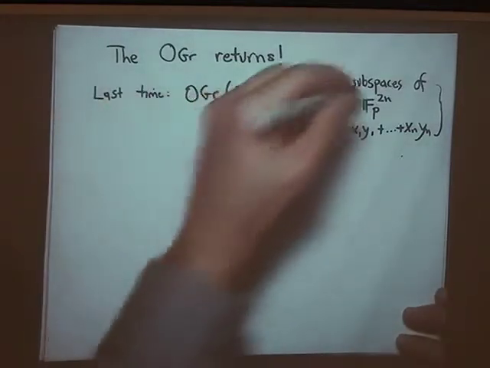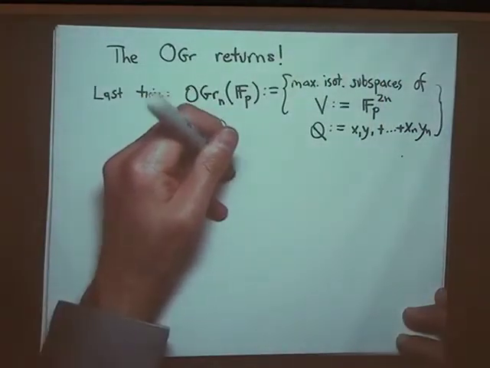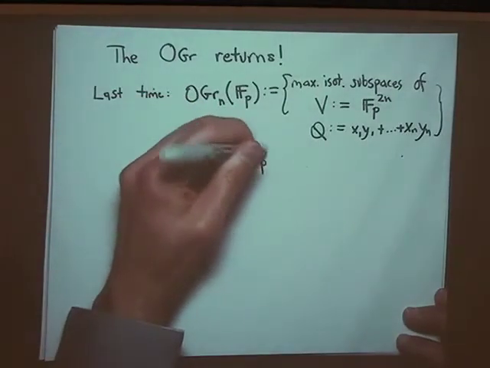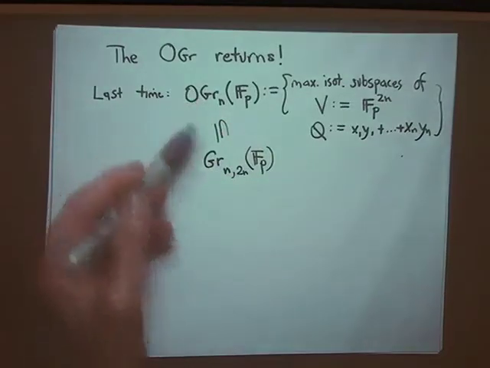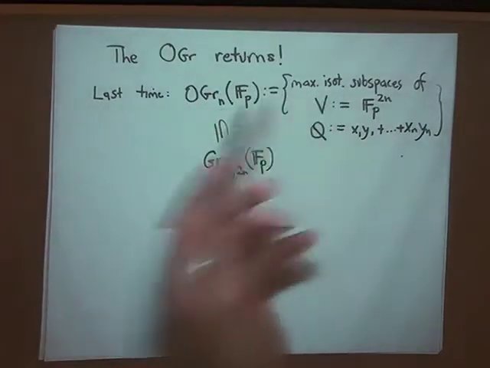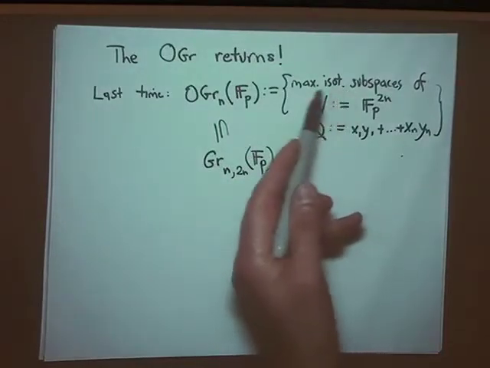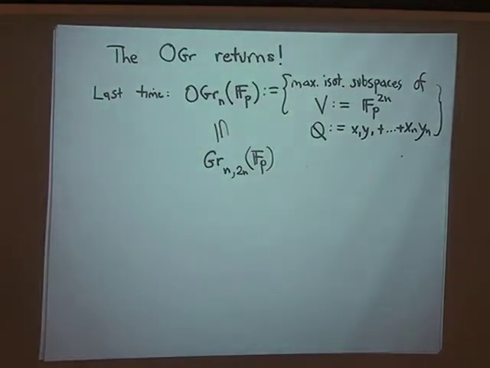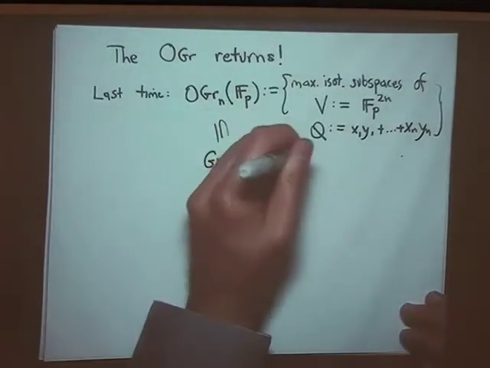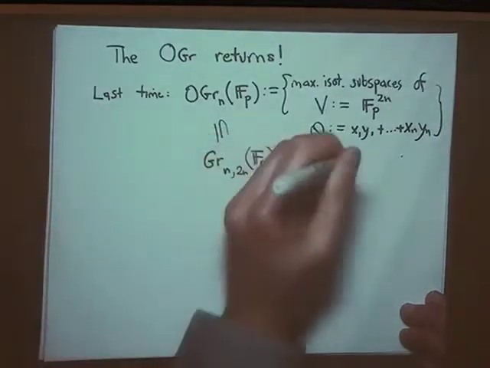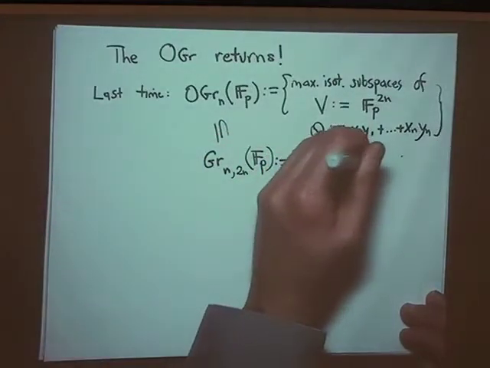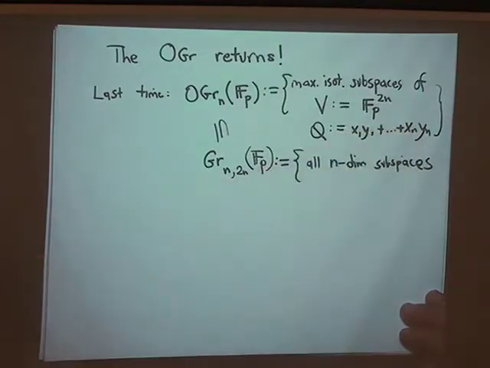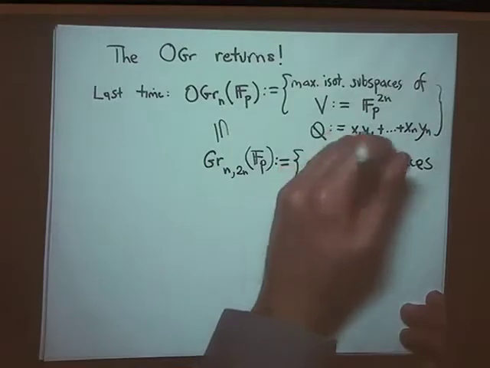So if you look inside F_p^n at all the n-dimensional subspaces, this set is going to be a subset of those, because the difference is that this has the extra condition that the quadratic form needs to vanish on the subspace. So by definition, this is the set of all n-dimensional subspaces of this V, which is F_p^2n.